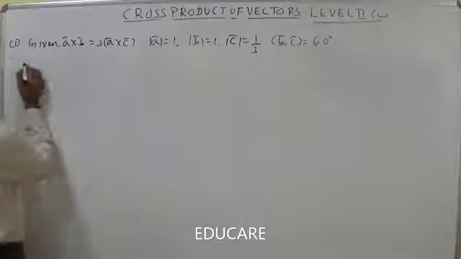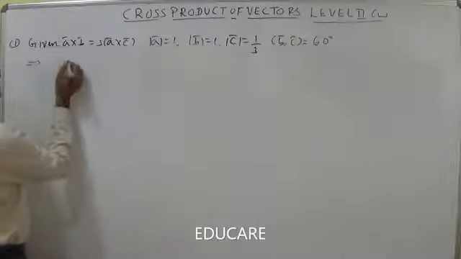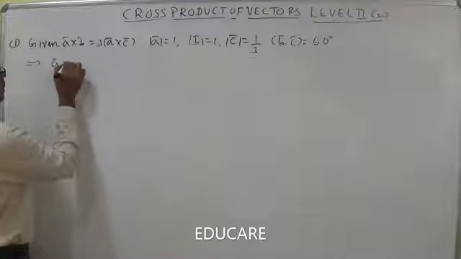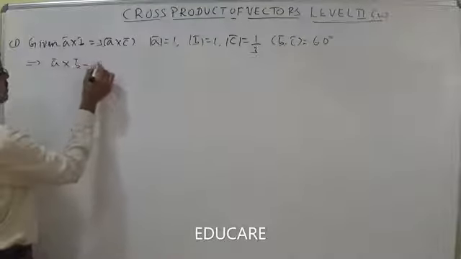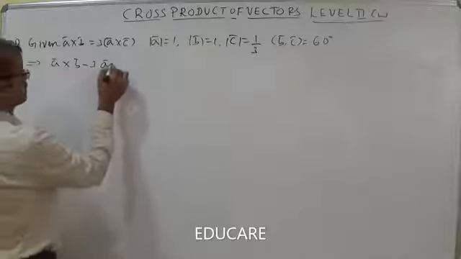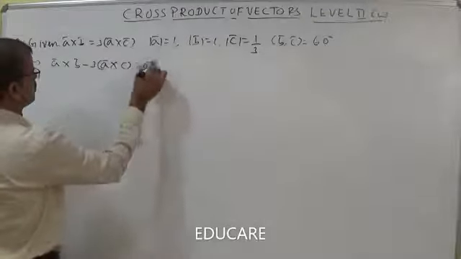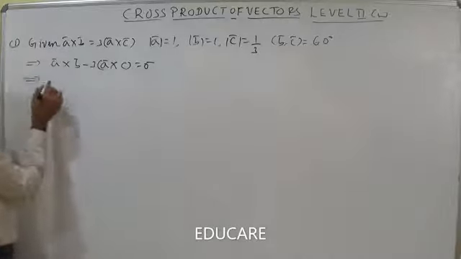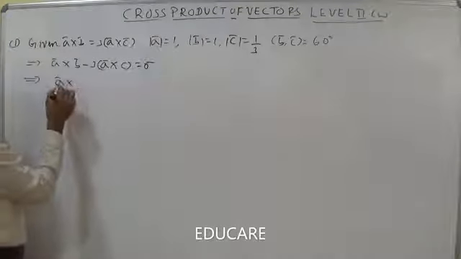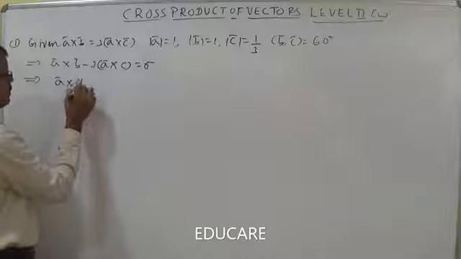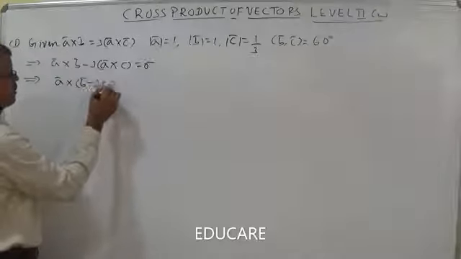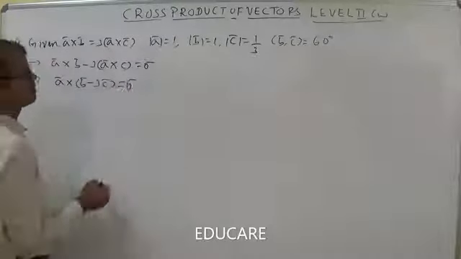A cross B is equal to 3 into A cross C is given. So let us write A cross B minus 3 into A cross C is equal to 0 bar, a null vector. If we take A bar common, A bar cross (B bar minus 3C bar) equals 0 bar.